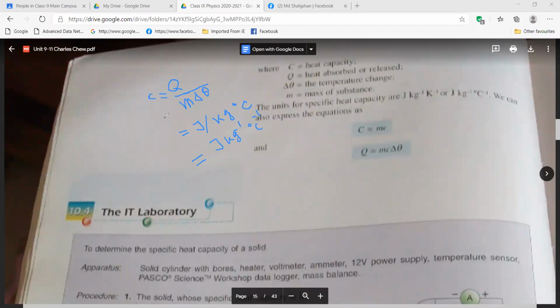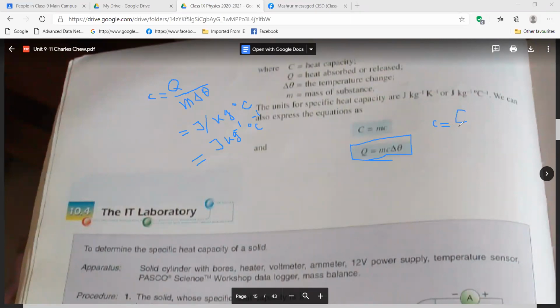Then we can convert this equation. When the question is asking you to find the energy Q, you can rearrange the formula: Q equals m c del theta, right? They wrote that here. The upper one, C equals m c, the big C, is the same thing: small c equals capital C by m.